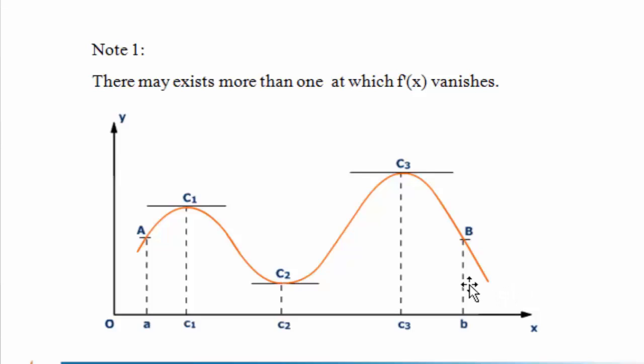Here in this diagram we can easily see there are three tangents, not only one, means uniqueness may not hold. Here we get 3 points on the curve where the tangent is parallel to the x-axis, namely c1, c2, c3, the points where the derivative of function f is 0.